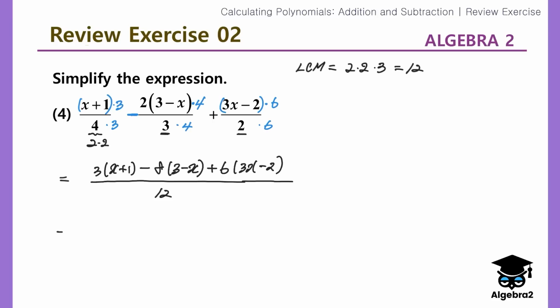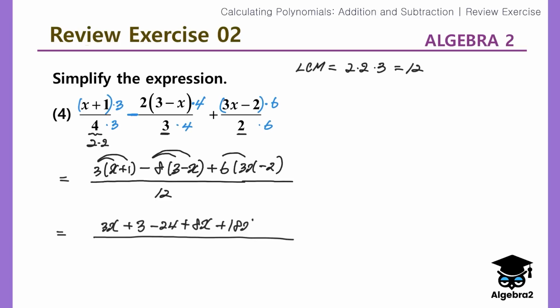So let's simplify the numerator. We have 3 times x, 3x, plus 3 times 1, 3, minus 8 times 3, minus 24, minus 8 times negative x, that's plus 8x, 6 times 3x, 18x, 6 times minus 2, minus 12, over 12. So far so good.